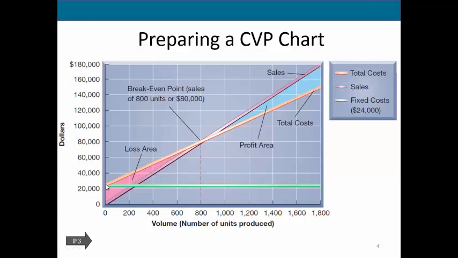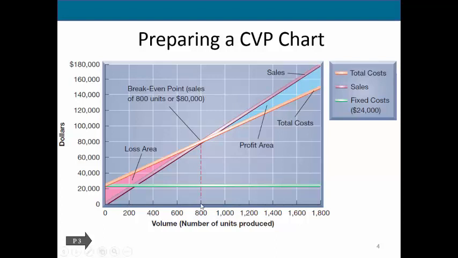Then what you can see here is we have a sales line. So this is new. We haven't plotted a sales line. All we're doing here is plotting our sales. So for example, if we sell 0 items, we have a revenue of 0. But then if we sell 200 items, we have revenue of $20,000, because again, remember our sales price per unit was $100.